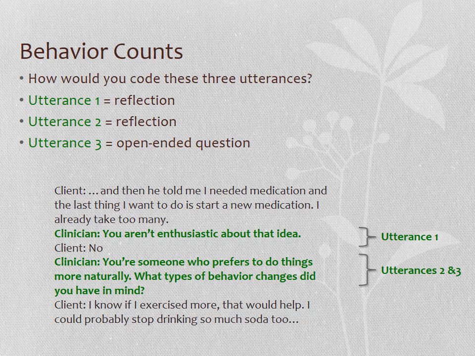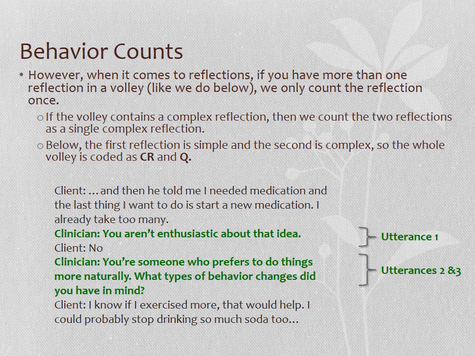Well, what's interesting in this coding system is these two utterances back to back that are reflections within a single volley. You don't count those as two separate reflections. You basically count them as one reflection. So when it comes to reflections, if you have more than one in a single volley, like we do in this example, we only count the reflection once.